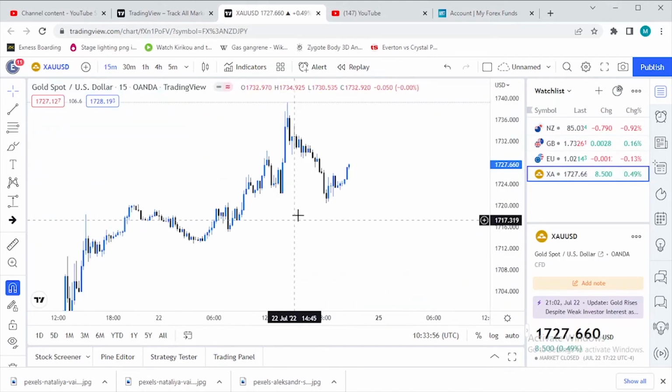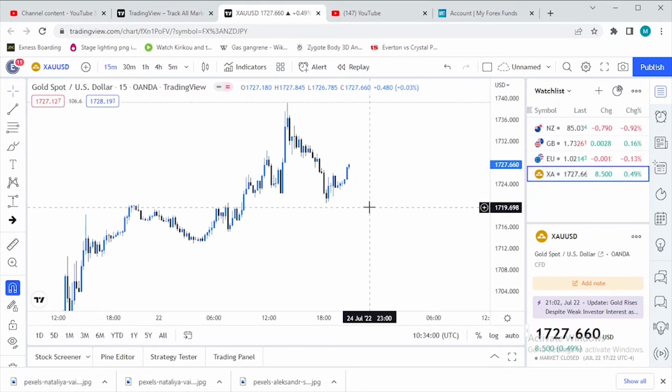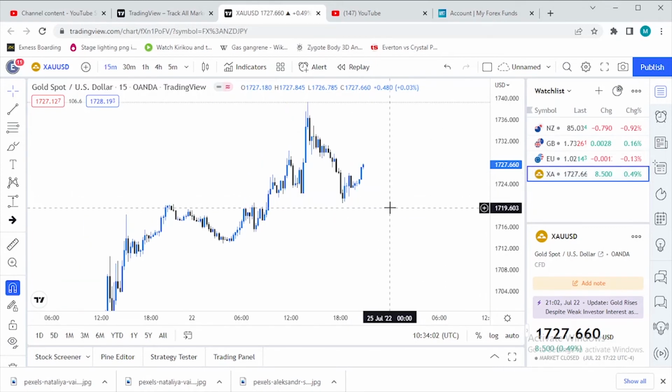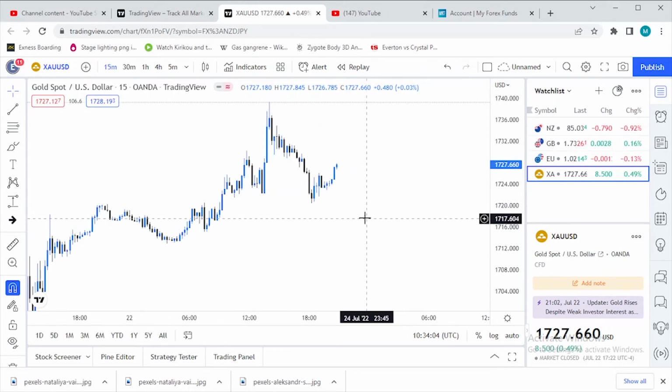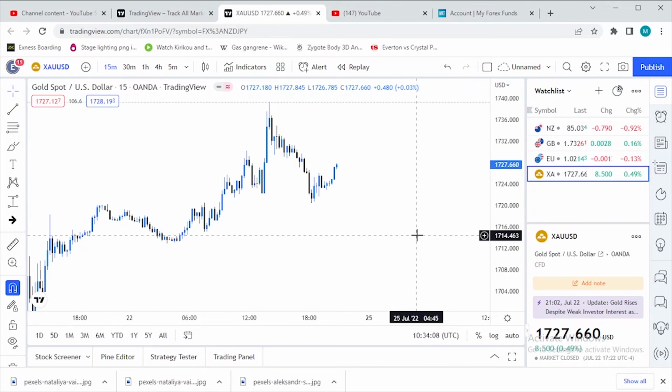I'm sure most of you who use the normal pip value calculation on gold find that maybe you're actually losing a lot, or not making that much, depending on how you were taught. So for gold, every point move is going to be 10 pips. If gold moves from 1720 to 1721, that's a 10 pip move. From 1721 to 1722, it's a 10 pip move. From 1722 to 1730, it's going to be an 80 pip move. So that's how gold moves in terms of pips.